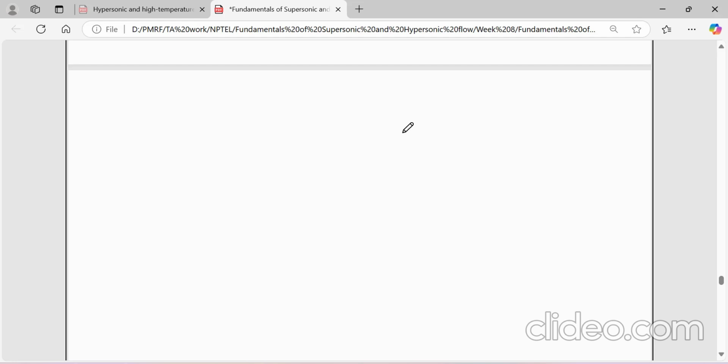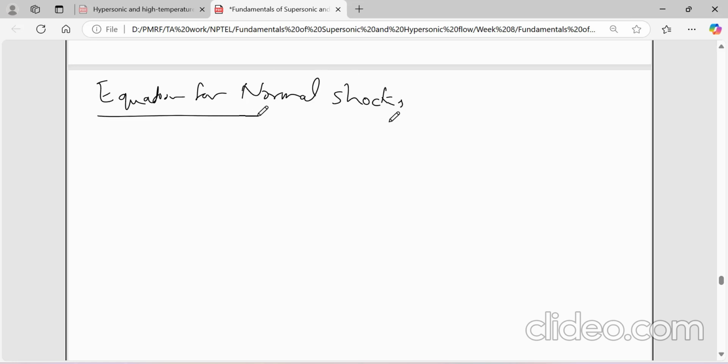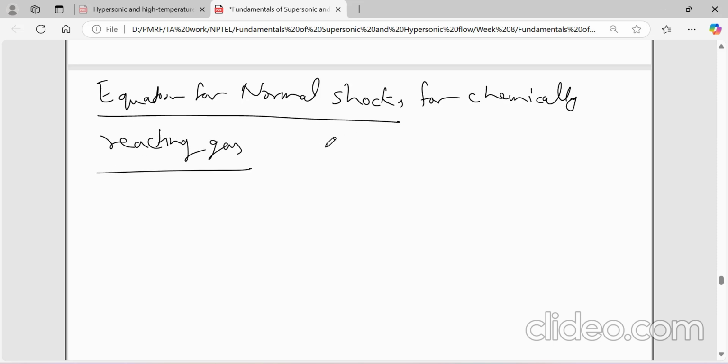We have seen the equations for normal shock for chemically reacting gas, but we have not solved it.